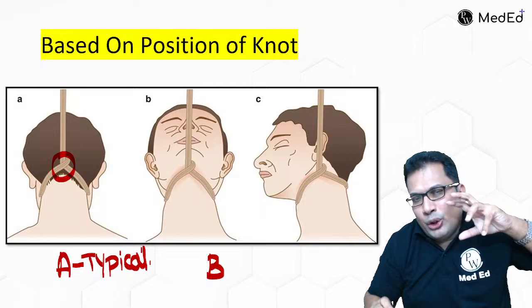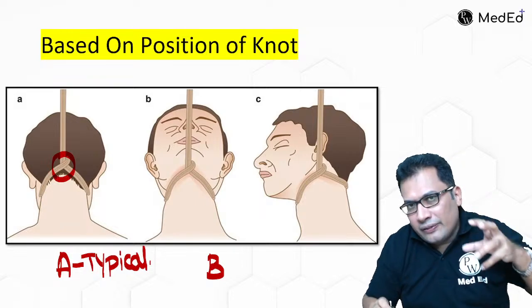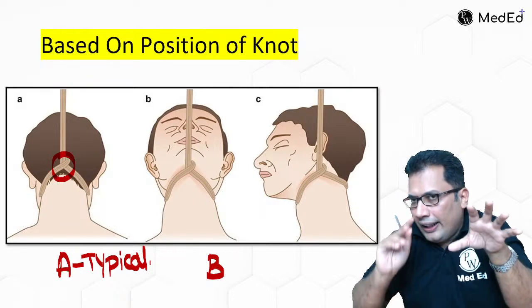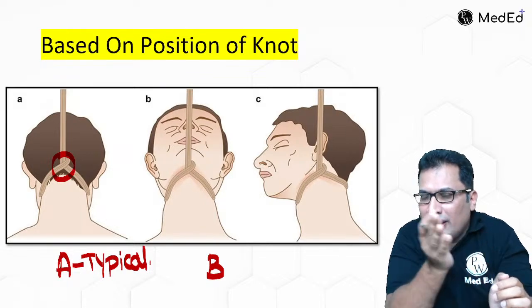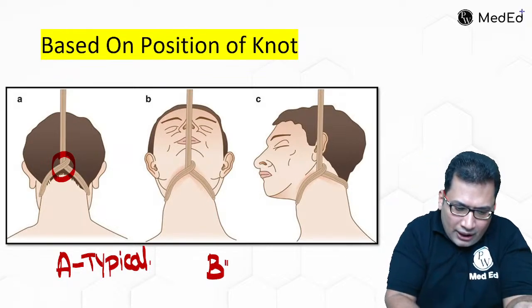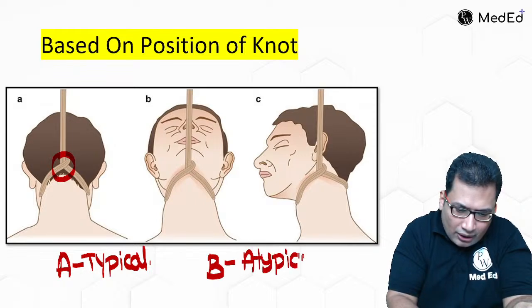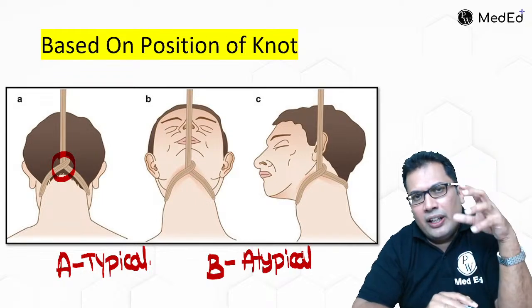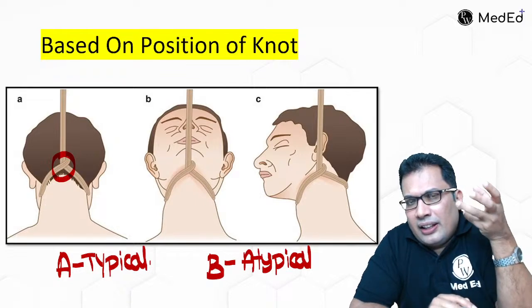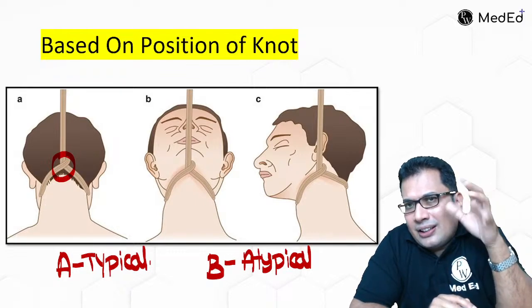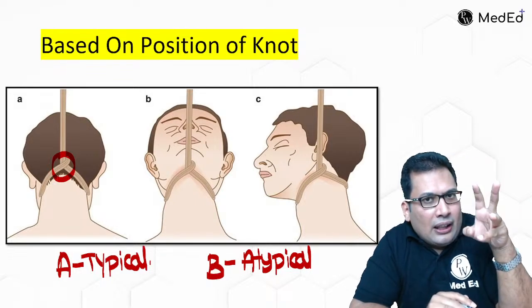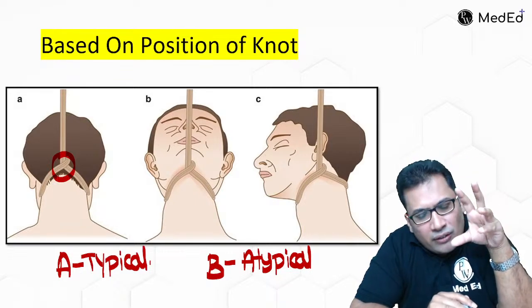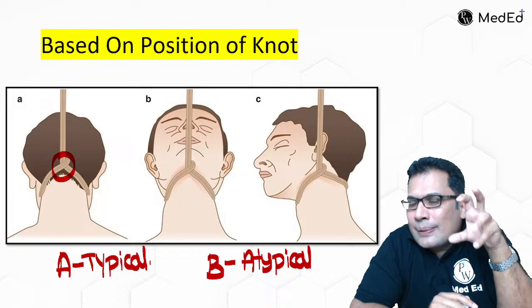So based on the position of the knot, hanging is classified into typical hanging and atypical hanging. Typical hanging means the knot is present at the nape of the neck. Atypical means anywhere other than the nape of the neck. So hanging is classified based on the position of the knot, and also based on the suspension.